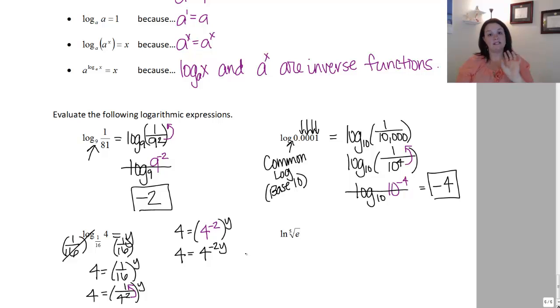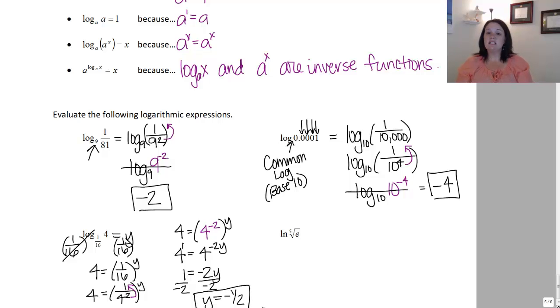Now, using that base exponent property, as long as the bases are the same, I can drop them and just set the exponents equal. So notice what I have is 4 to the first power equals 4 to the negative 2y. So I can drop the 4's and be left with 1 is equal to negative 2y. When I divide off my negative 2, that tells me that y is equal to negative 1/2.